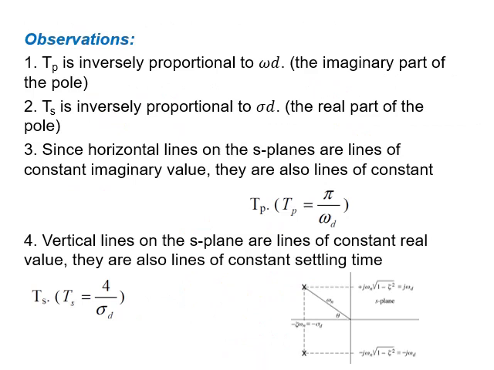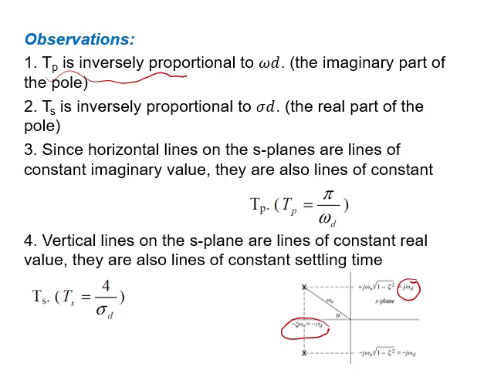Let us consider these observations from the graphical representation shown in the previous slide. He's saying here that TP is inversely proportional to omega d, which is the imaginary part of the pole, and Ts is inversely proportional to sigma d, which is the real part.